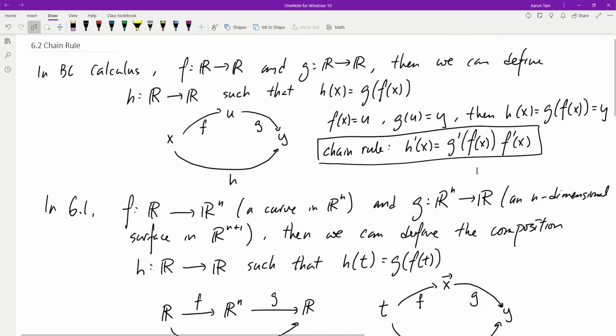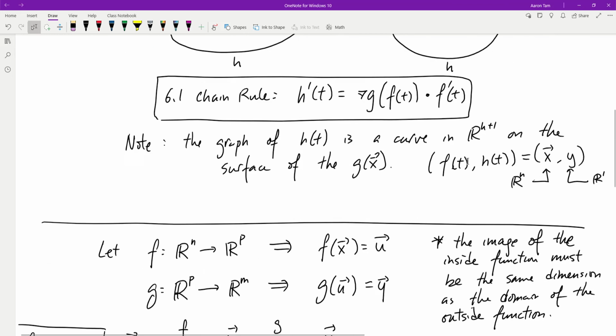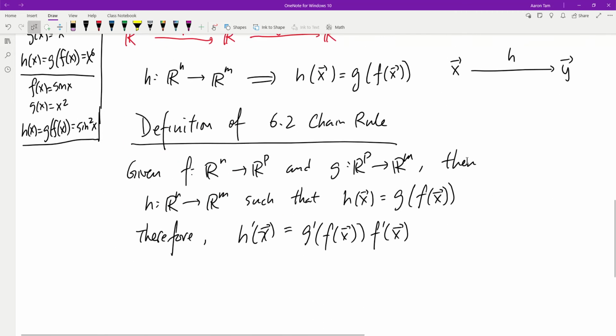Now, notice that that looks strangely like the chain rule that we wrote right here, except the only one major difference is that I draw vectors over the x. Okay? But it's actually extremely different because of the following. In this scenario, because both g and f are vector valued several variable functions, their derivative is now defined to be a derivative matrix.